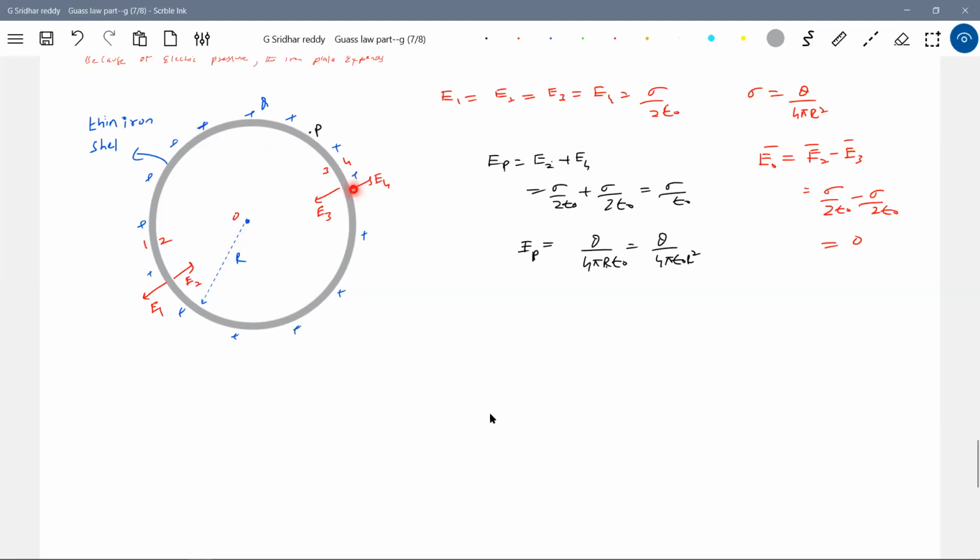The charge present at point 4, the charge present here, will it experience a force due to 2? It can be. Then how will it be radially outward?